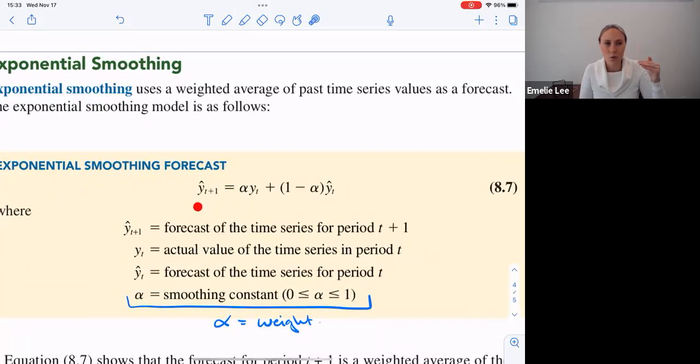So the t+1th observation we're trying to build a forecast for. What it does is it takes the previous observed value, right? Because if we're looking at weekly sales, then we have the actual sales from last week, and then we want to apply some weighting. So we want to apply the rest of the weight to the forecasted value from the previous week, right?